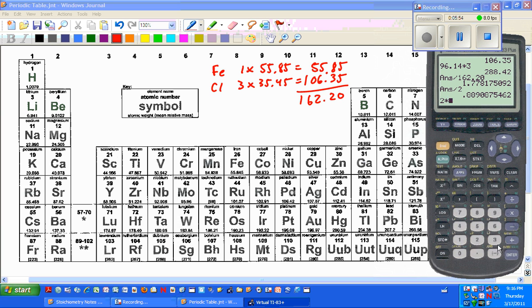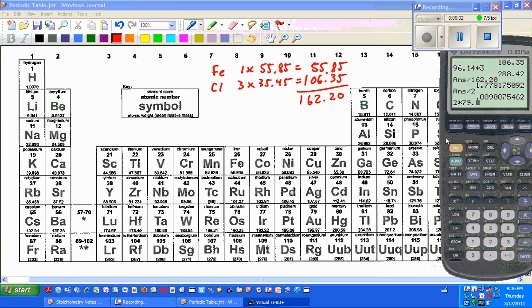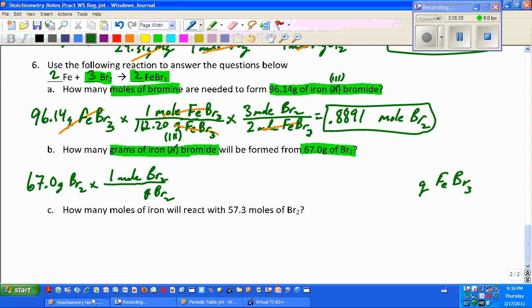So 2 times 79.904 is 159.8. I had to double it because of the diatomic bromine, Br2.